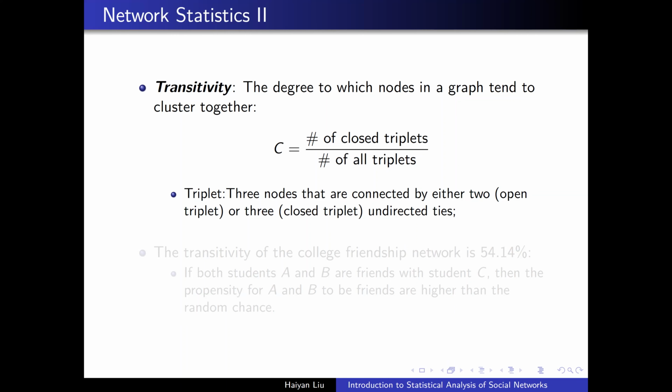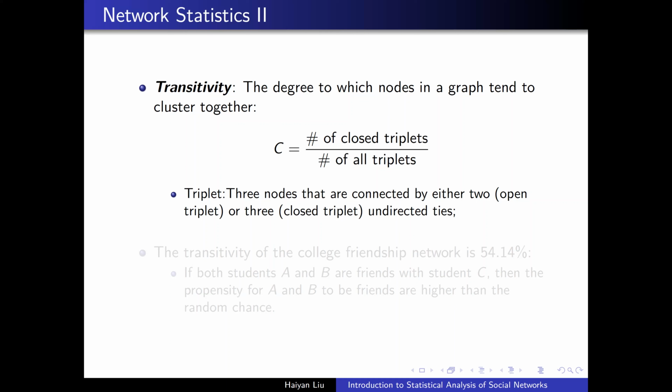We could also count the number of closed triplets. So basically, in a closed triplet there are connections between each of the 3 pairs of those actors. We take that proportion, which is one way to define the transitivity.